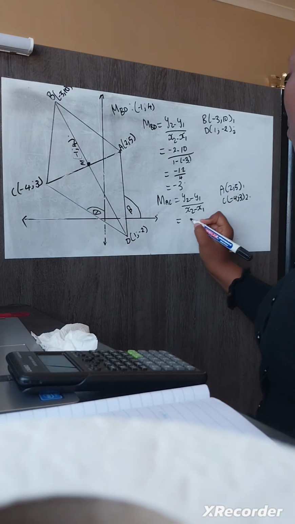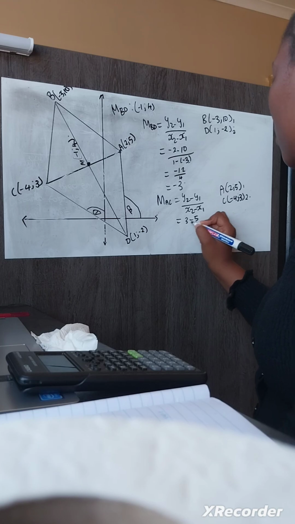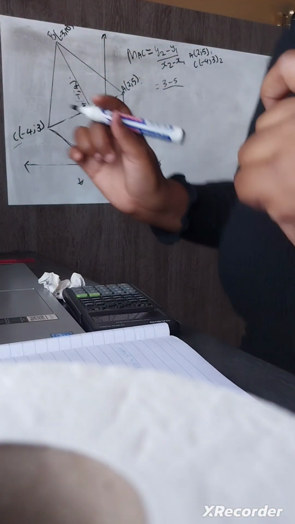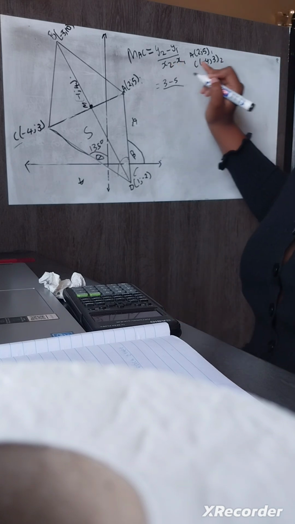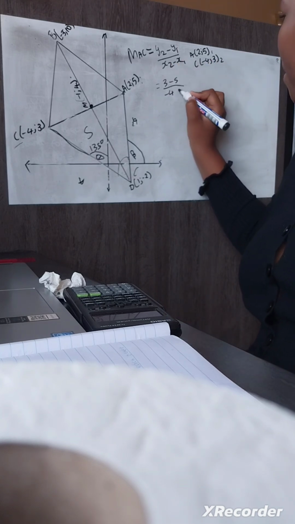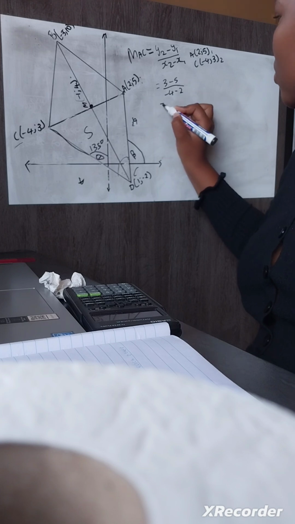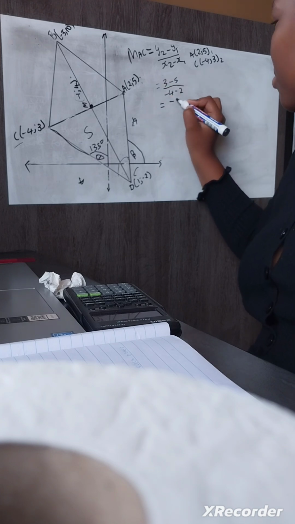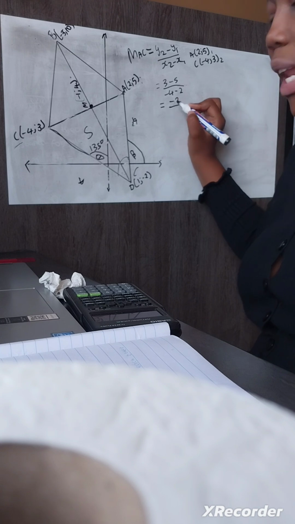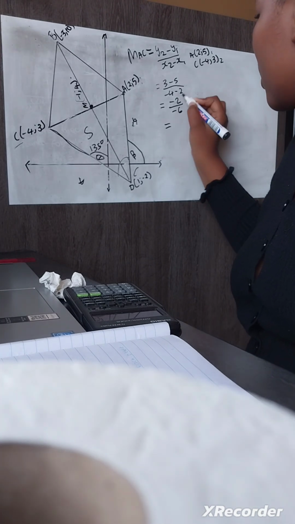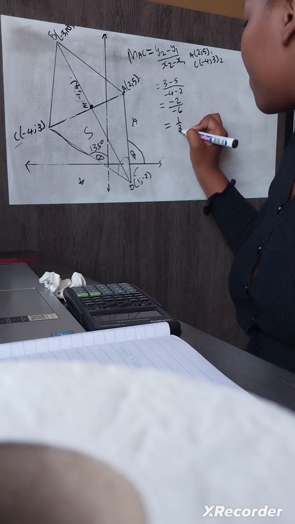We'll have (3 minus 5) all over (-4 minus 2). 3 minus 5 is -2, all over -4 minus 2 which is -6, which is equal to 1 over 3.